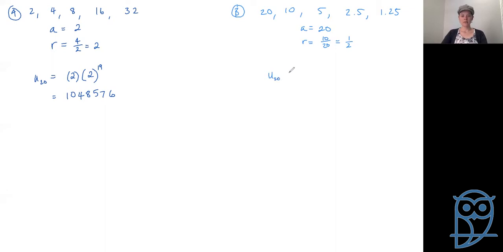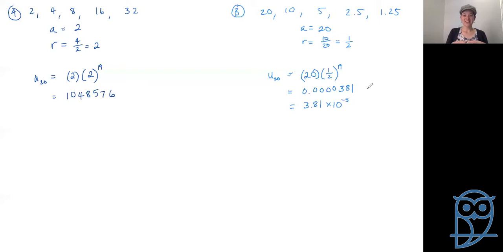U20 also again equals A is 20 times R is a half to the n minus 1, 20 minus 1 is 19. So 20 times a half to the power 19, that gives us something very different. 0.0000381, which could also be put as 3.81 times 10 to the minus 5.